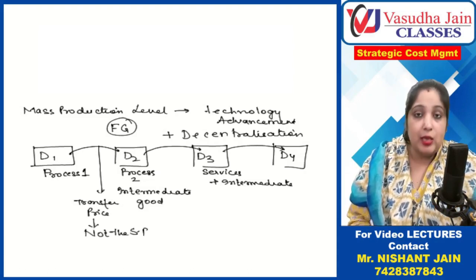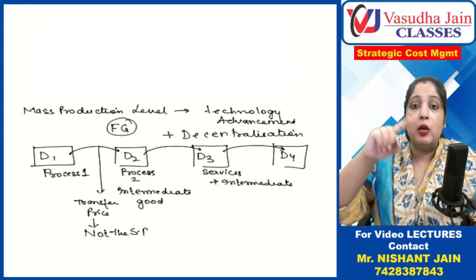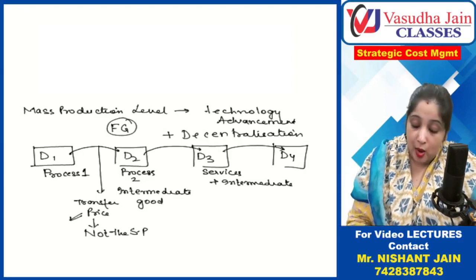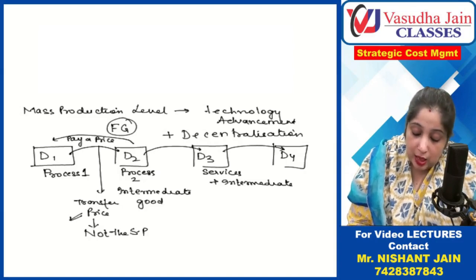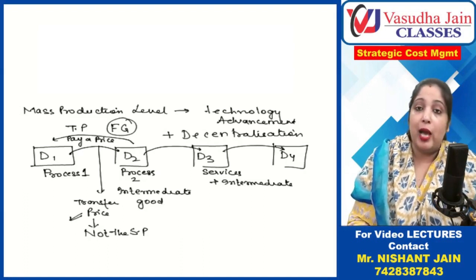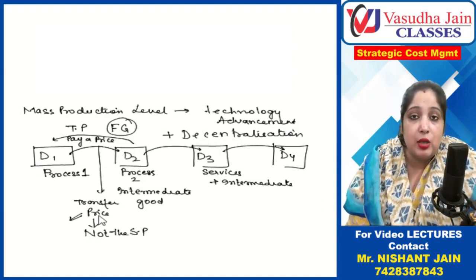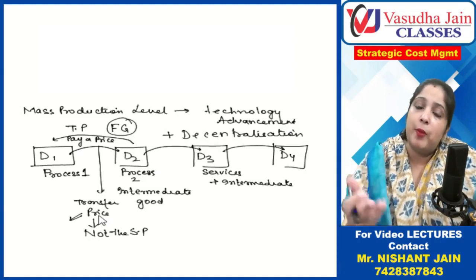Now the question is why department 1 is transferring the goods to department 2 at some price, which is not the selling price. Why does department 2 have to pay a price, and that price is called transfer price? In short form, it is called TP. Why does department 2 have to pay a price to department 1 when all these departments are a part of a single organization? Within an organization, departments have to make payment to each other.